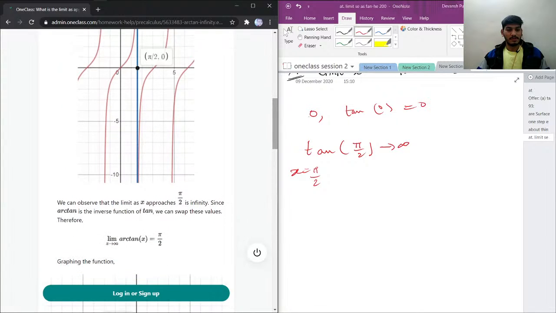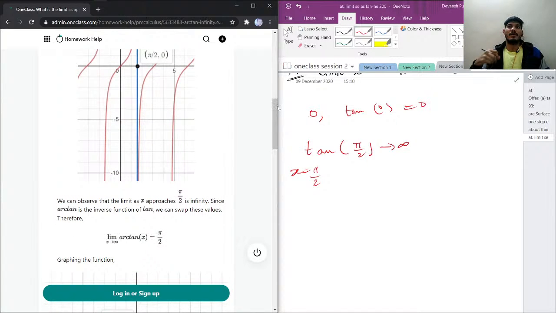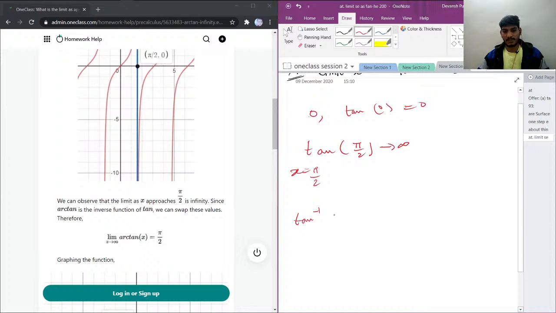This is because this never reaches infinity, it approaches infinity. So if I take the inverse here, tangent of pi over 2 is equal to tangent inverse of, let's say h, where h approaches infinity.